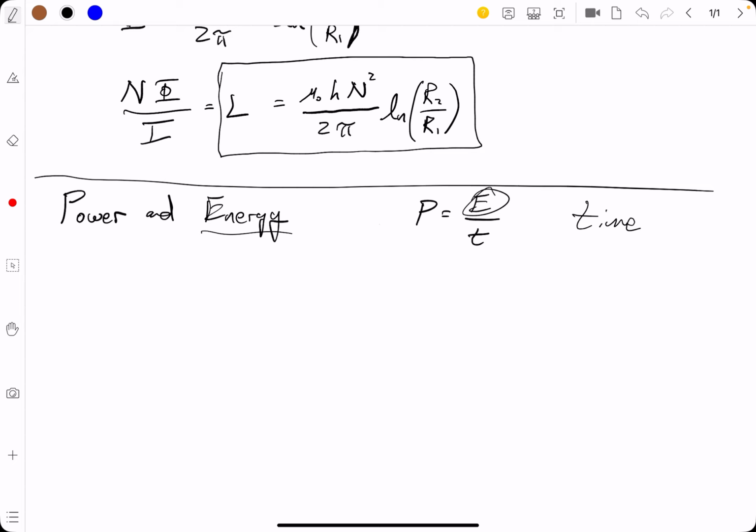So let's do this. Energy. Usually when you do energy, you want to know about work, right? Or the energy density. So there's a few things that you want to know about. Energy, work, energy density. Why energy density? Because we're dealing with magnetism.